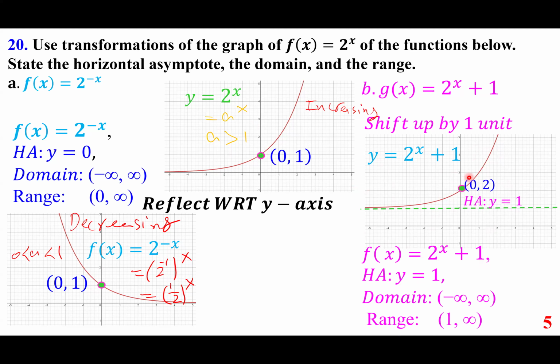Domain hasn't changed. Range has changed from 0 to infinity to 1 to infinity. The y-intercept of (0, 1) has changed to (0, 2). So if you look at this basic elementary function and these two transformations, that gives you a lot of information about exponential functions.